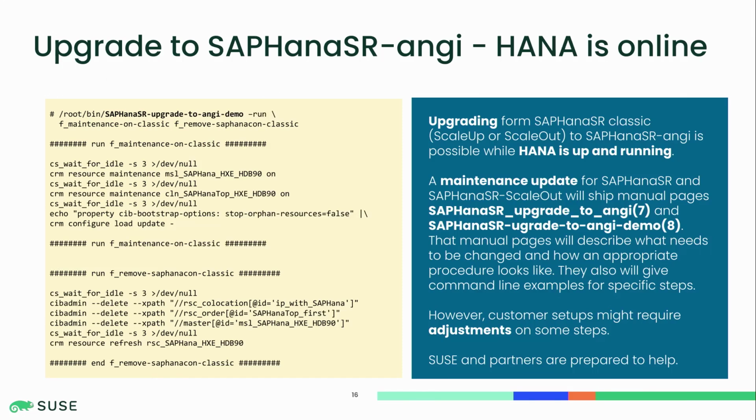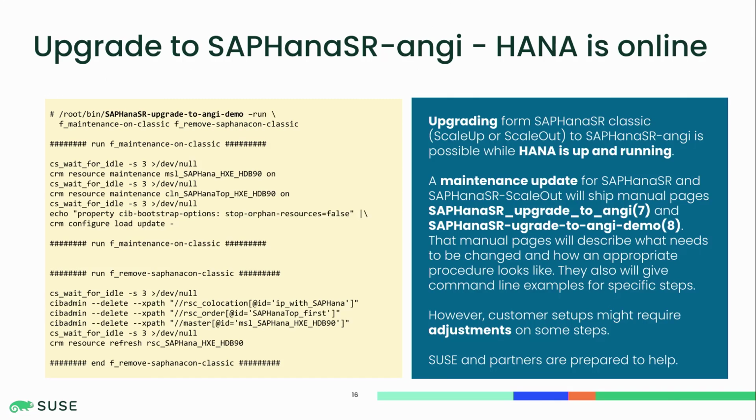But anyway, we also have prepared a script which can be run on a HANA cluster, and the script collects all information about SID, instance number, your resource configuration, and so on. And then it puts together a set of commands with all parameters for your specific cluster.